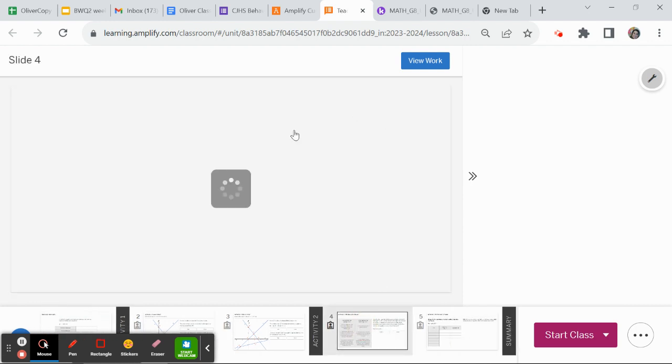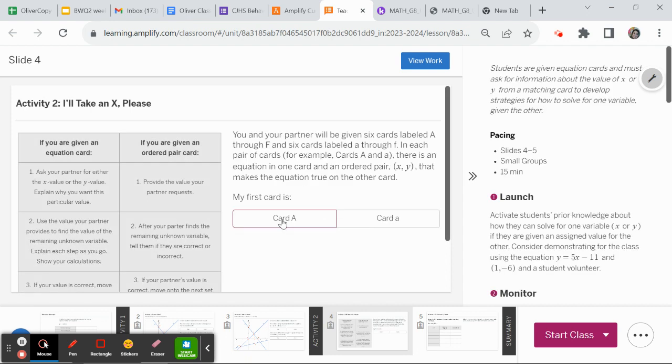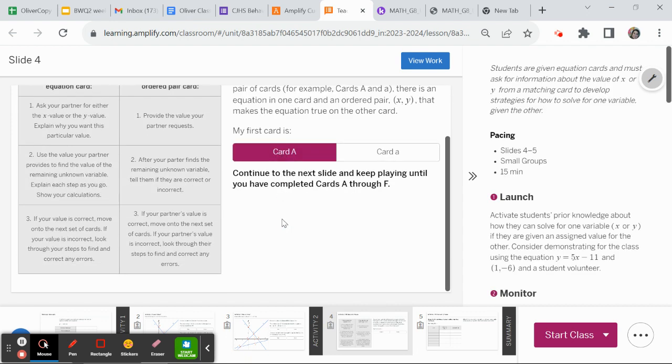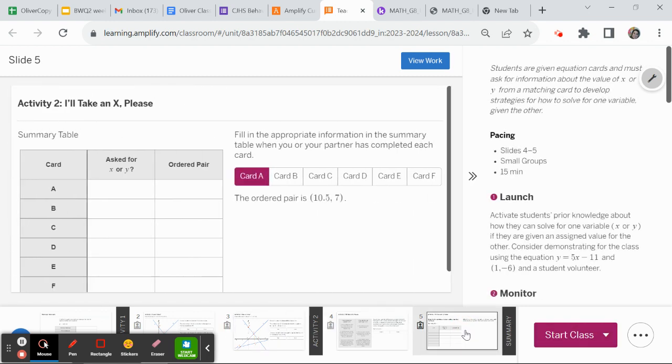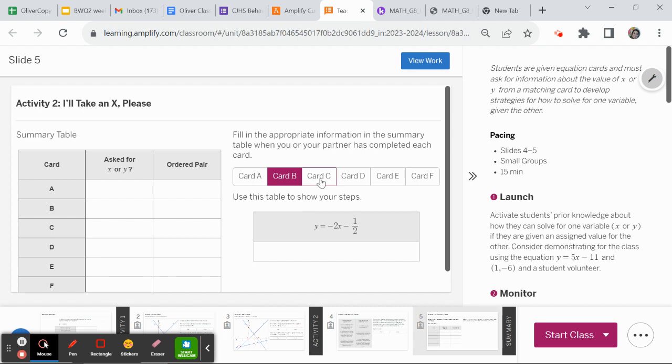So see how here we have, they would give you a card. You'd be like, oh, my first card is card A. Then you would go to your next thing here. And then it has different information. Here's an ordered pair. Here's an equation. Here, how would you solve this?